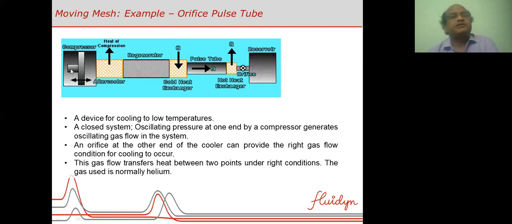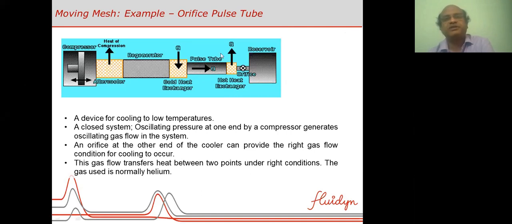It operates like this. There is a piston here, and then there is an orifice and a reservoir. As the piston moves to the right, it forces the fluid to pass through a small orifice, where it expands and cools down, and that heat is taken out in the reservoir.